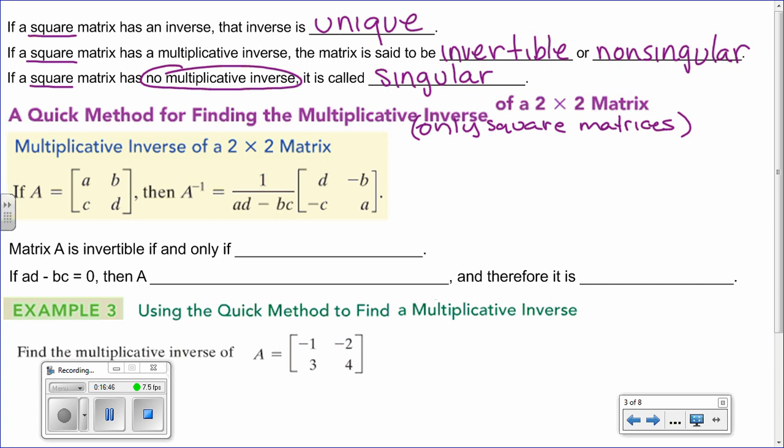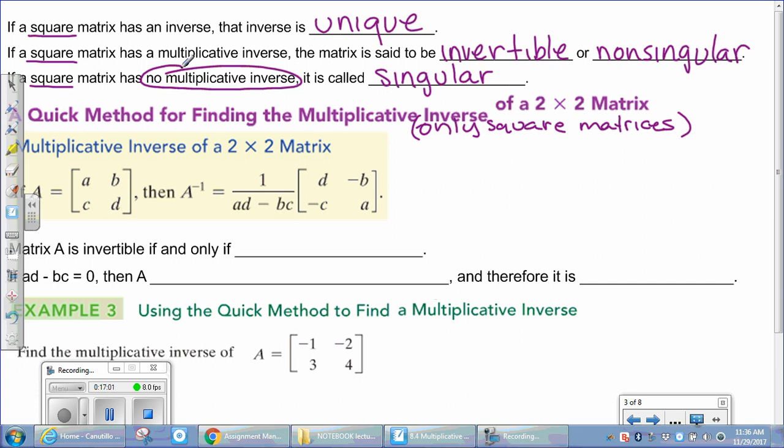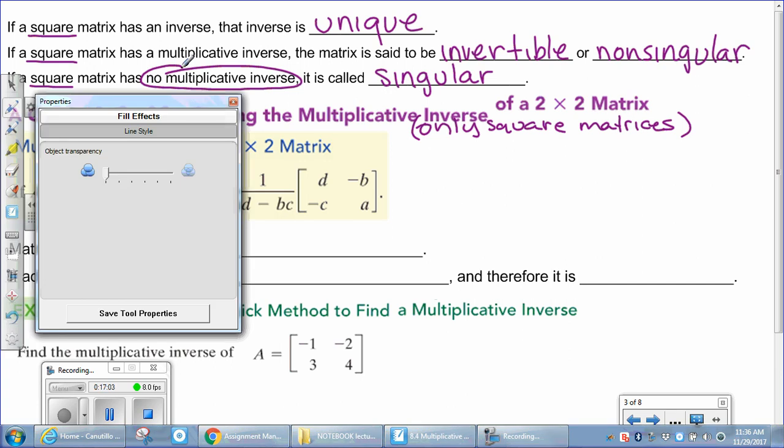So to find the inverse of a matrix, there's one thing that we need to cover first, and that is called the determinant. So let's look at the formula first, and then we'll get to what is the determinant in a minute.